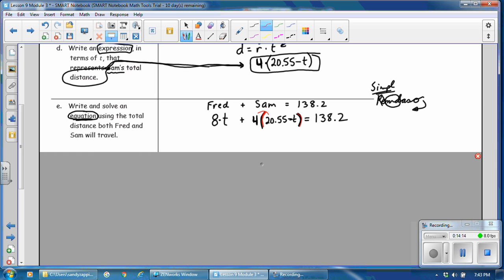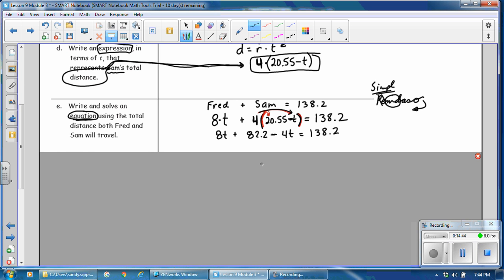So we need to distribute the 4 to the first and the second term. Go ahead and just bring down the 8t. 4 times 20.55 is 82.2 minus, see the minus, 4 times t is 4t, and then bring down the equal sign and the 138.2.